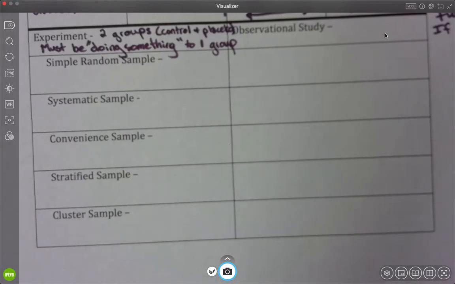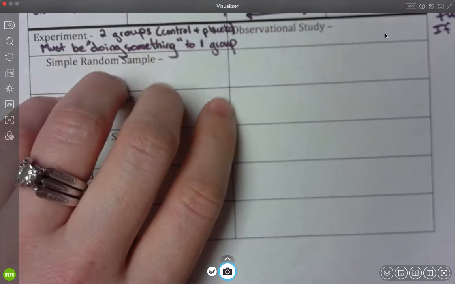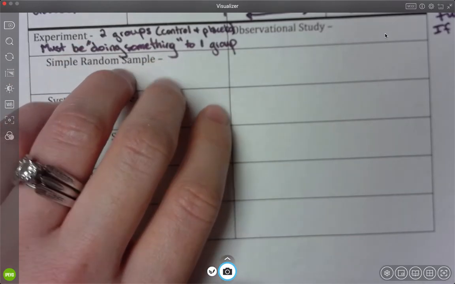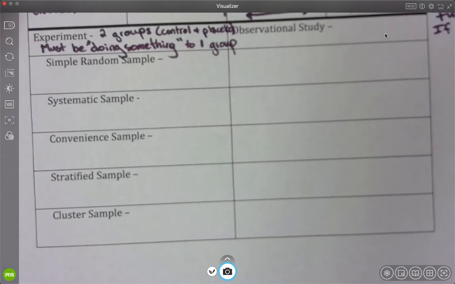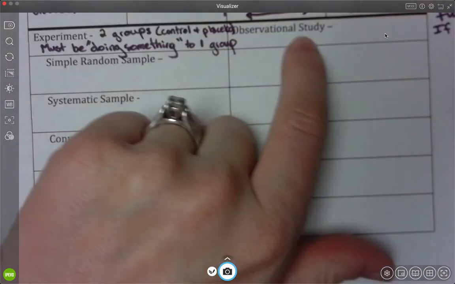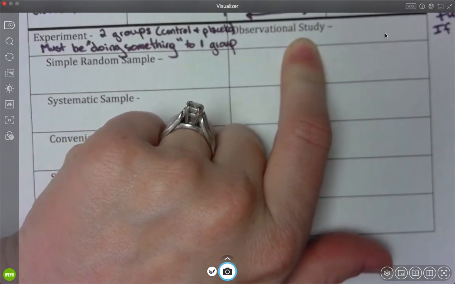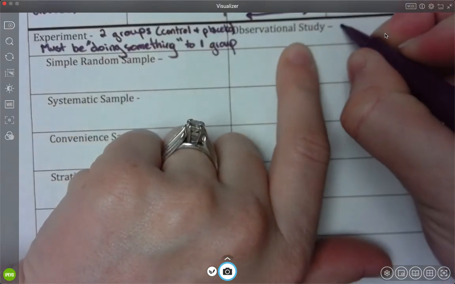An observational study, though, so even though you are like in an experiment doing observation, before you observe the two groups and collect data from the two groups, you are doing something. In an observational study, you're just looking at people and seeing what happens. So, just watching.